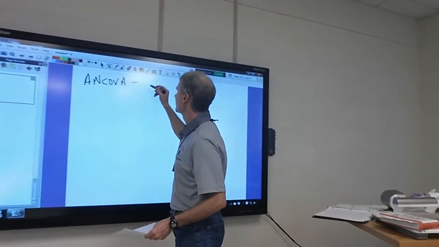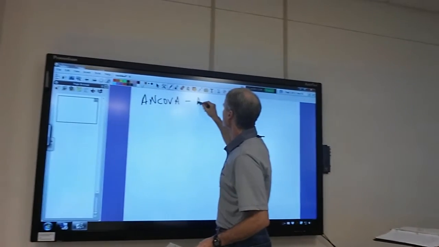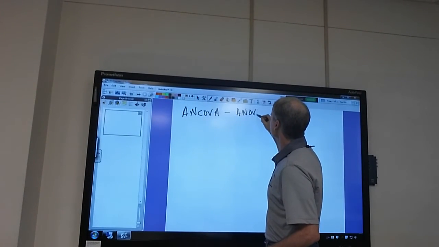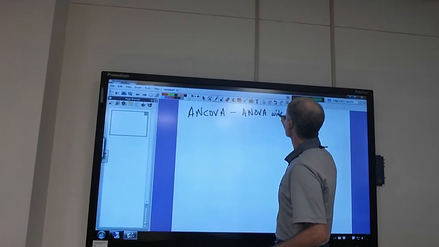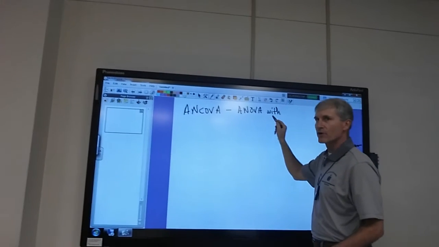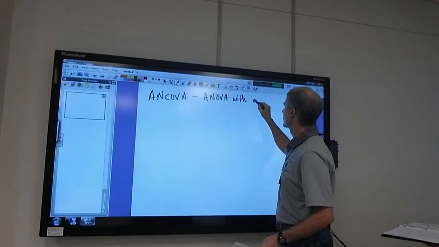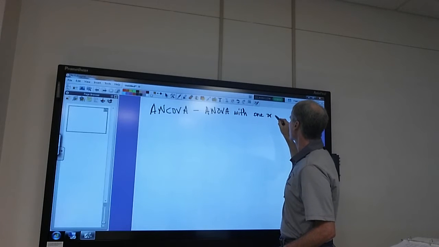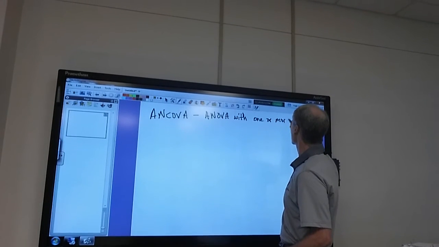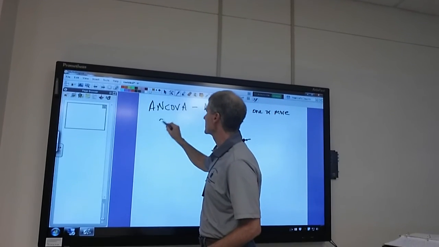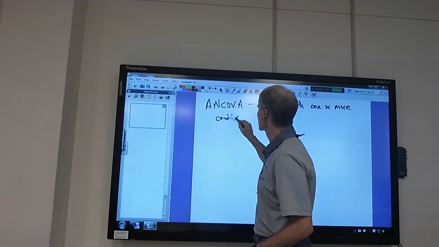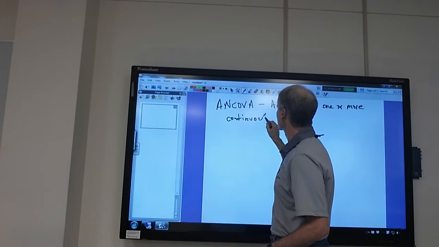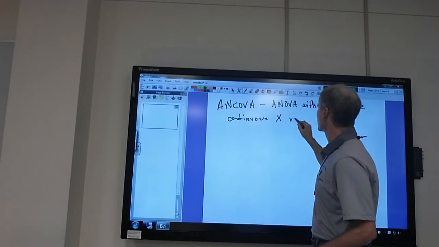It's just for a continuous variable. Okay. So like weight compared to dosage needed, something you can't really put in categories. Okay, good. So it's ANCOVA with one or more, we only deal with one in this class, continuous X variable.